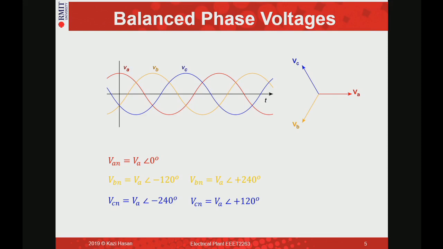So the phases are 120 degree apart from each other. So these are phase voltages, VA, VB, VC, and they have 120 degree phase shift. So these are balanced phase voltages.